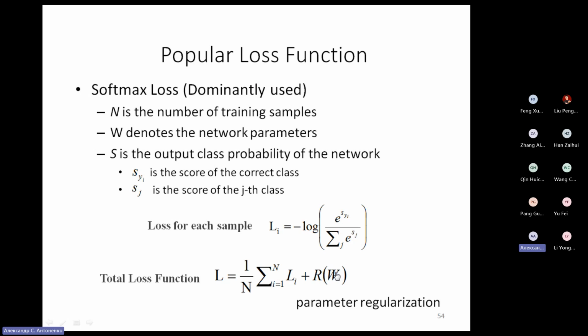But of course, if we take all parameters as 0, it's the smallest, but then our network predicts nothing. We need some small parameters that give good results. Smaller parameters, but best results. So we penalize big parameters.